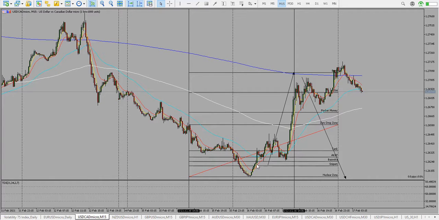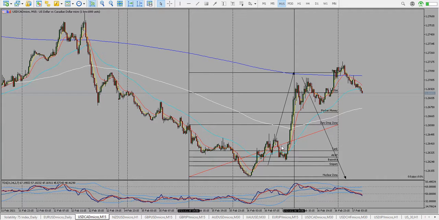So I was expecting the market to complete these zones that are my partial profits, and then I take profits once they complete this move, and they did as anticipated and they delivered.